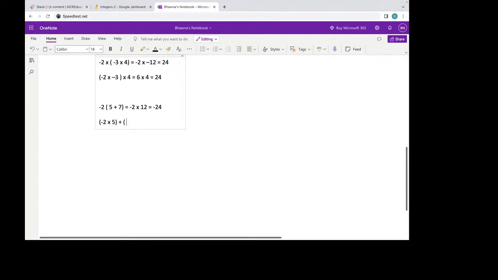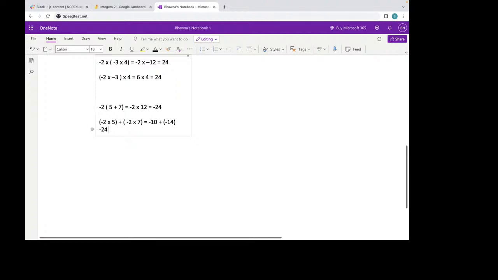Then we will multiply minus 2 by 7. Minus 2 multiply 5 is minus 10, and minus 2 multiply 7 is minus 14. So we have both negative and we need to add them, so I get minus 24. I have got minus 24 in both the cases.